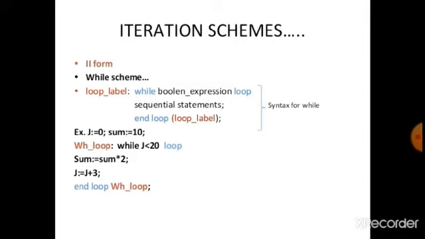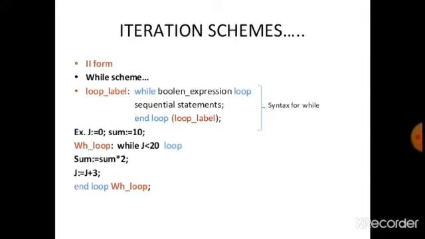And this is the example for the while iteration scheme. I have taken two variables, j and sum is equal to 10, and the loop label I took is while_loop. It starts with the loop label just to understand that in the program the while loop begins. Next, what is the iteration scheme? While j is less than 20, this is the boolean expression.